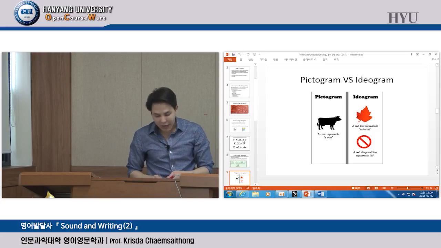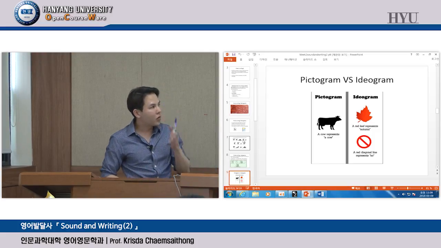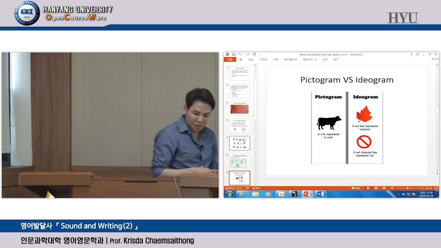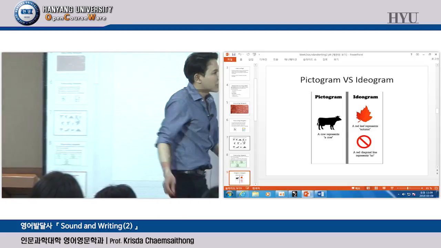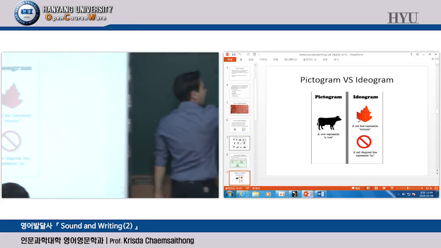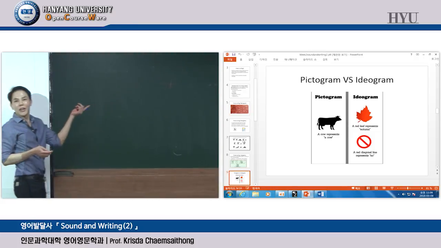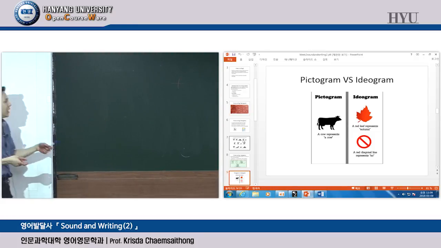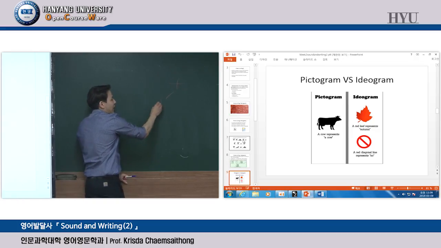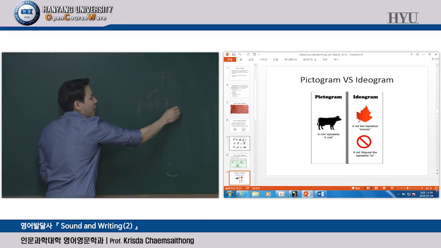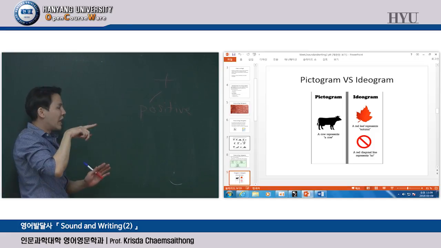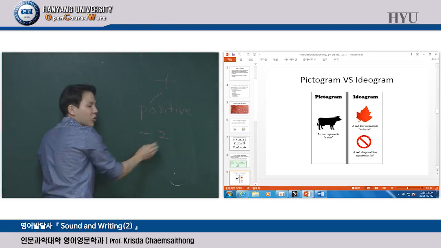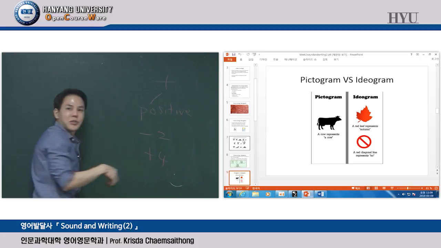Another ideogram that we use is the minus or plus sign, across languages. What does plus represent? This is an ideogram. It could represent the concept of being positive, as opposed to negative, like minus 2 and plus 4 in terms of degree.